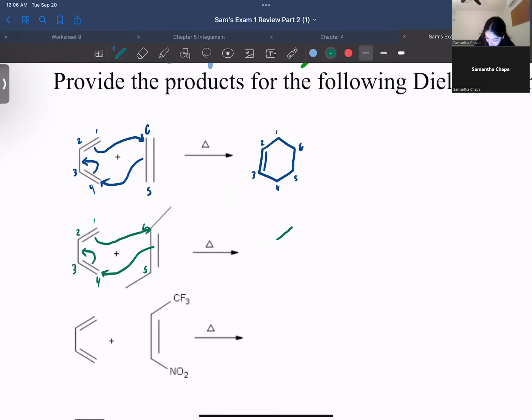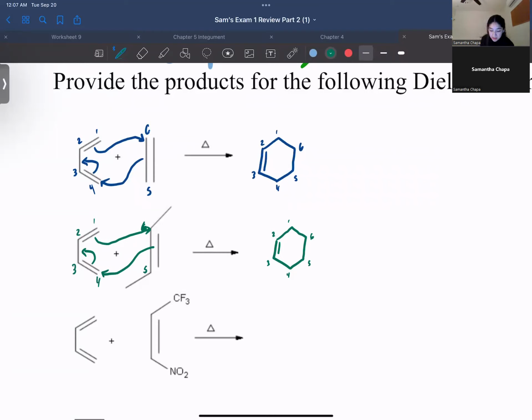We're always going to be making your cyclohexene. Remember everything. Double bond between 2 and 3. And now we have to orient our substituent. Notice how on carbon number 6, I have a methyl group, and on carbon number 5, I have another methyl group. Now, the important thing here is knowing how to orient them in space, whether you want one on a dash and the other on a wedge, or both on a wedge, or both on a dash.